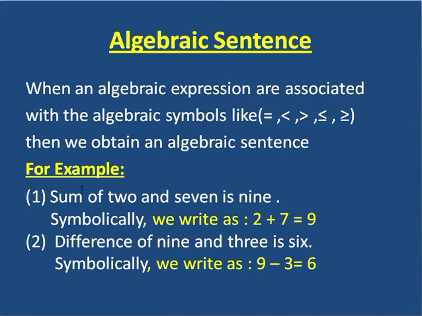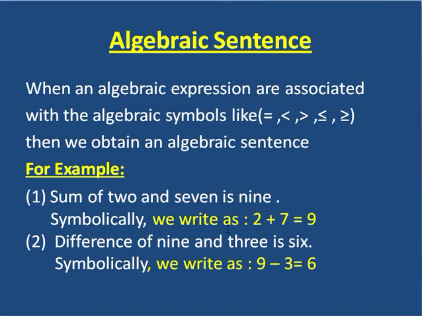For example, the sum of 2 and 7 is 9. Here sum means we have to add 2 and 7 and our answer is 9.